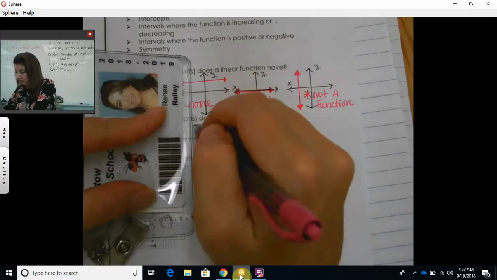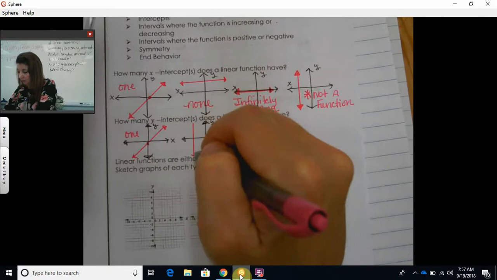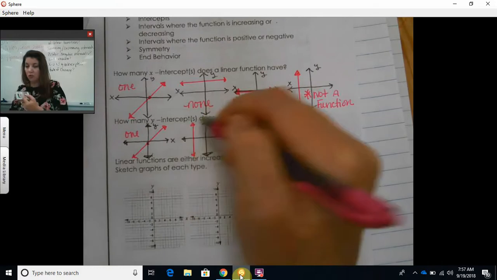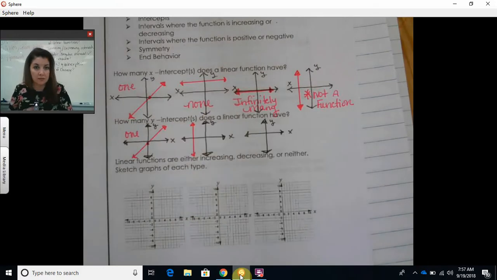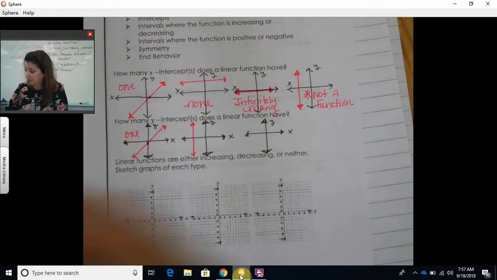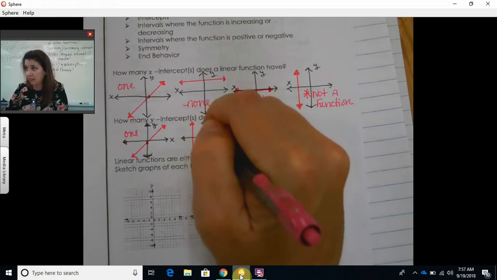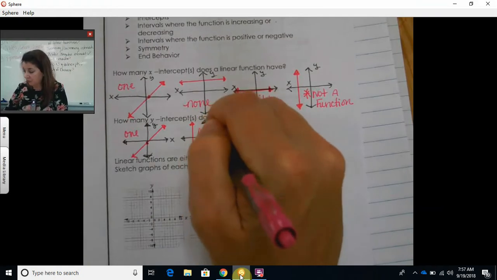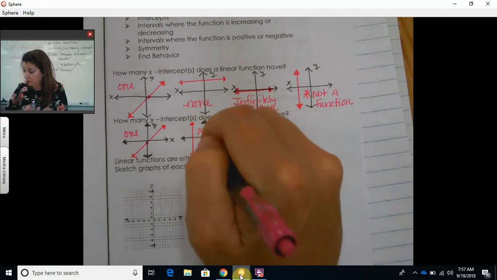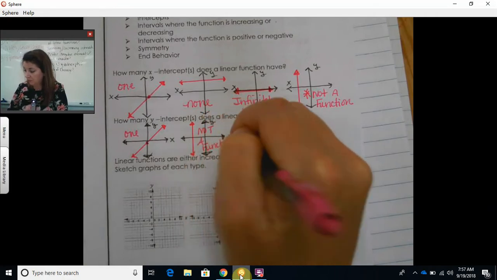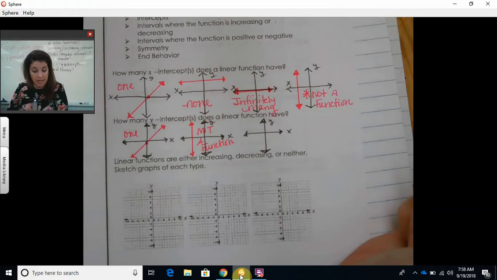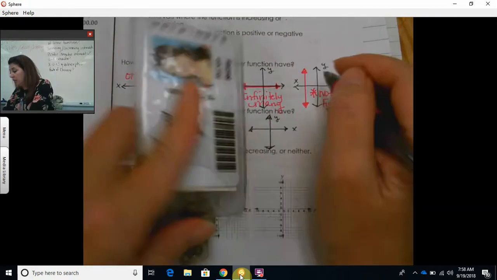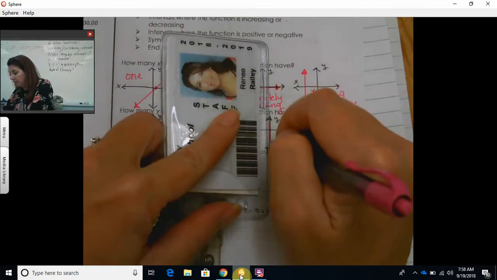How about in this example? This is parallel to the y-axis. How many y-intercepts does it have? This linear function. It's not a function. It doesn't cross the y-axis, but it's also not a function. And what if I had a line that actually was on the y-axis?